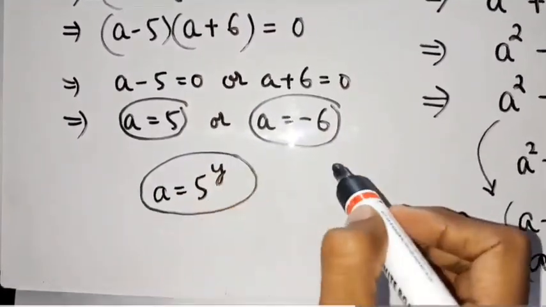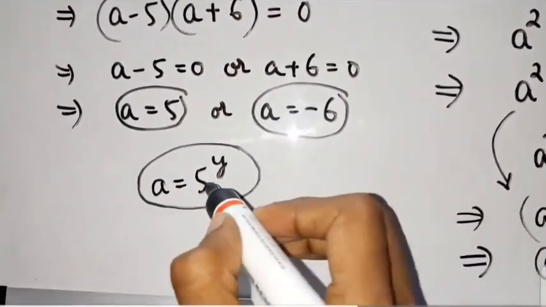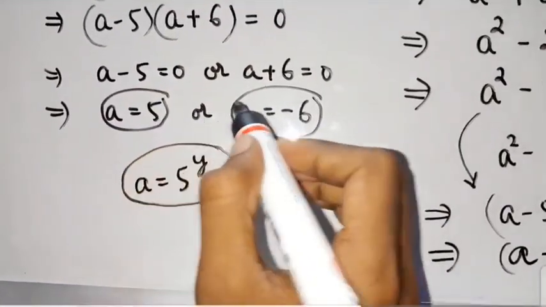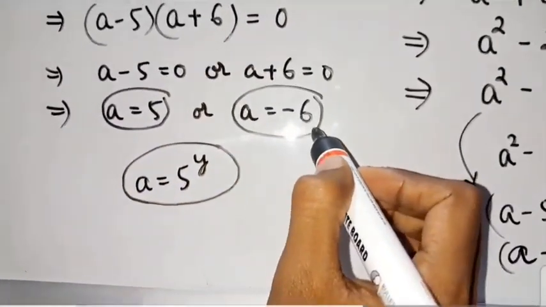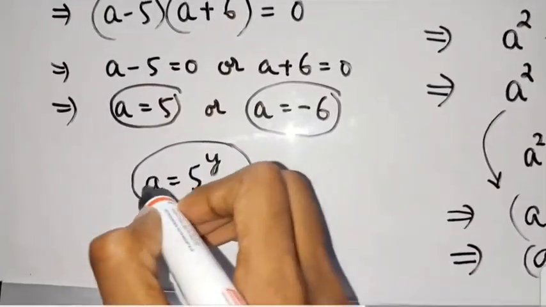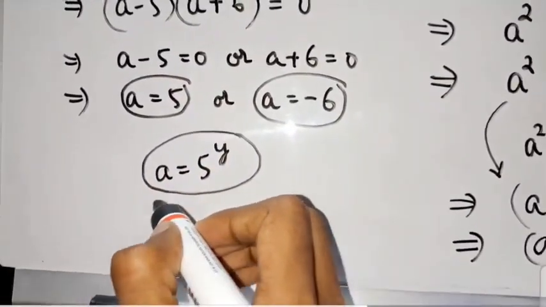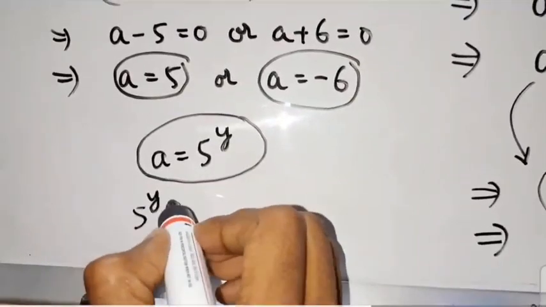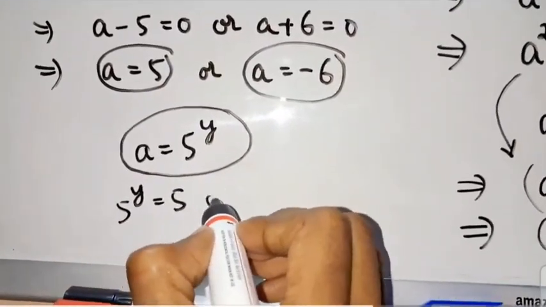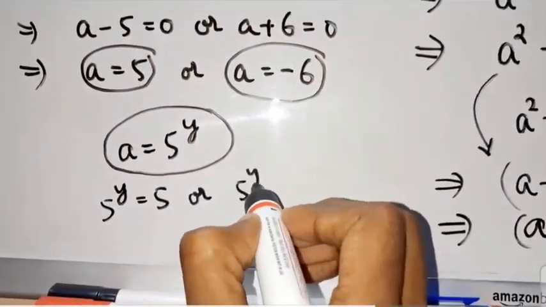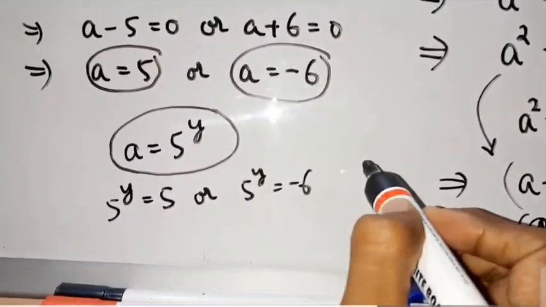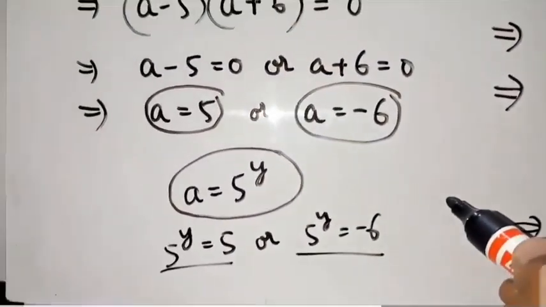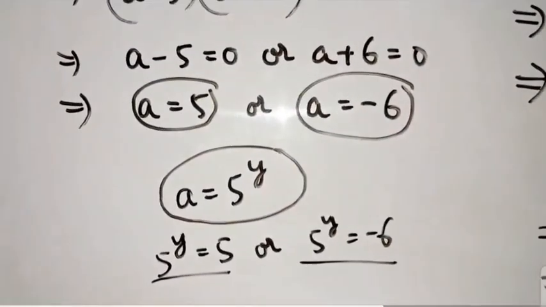So we have two options: either 5 to the power y is 5 or 5 to the power y is negative 6. Out of these two options we will have the correct answer.